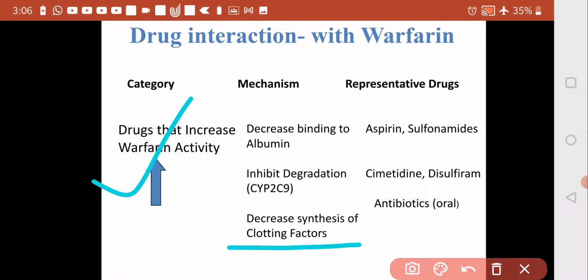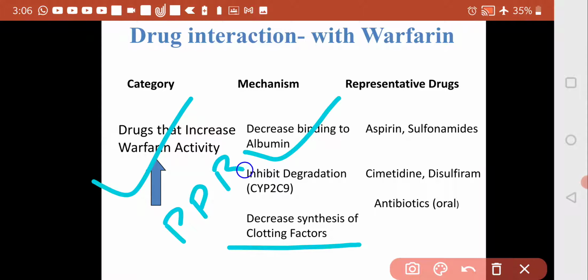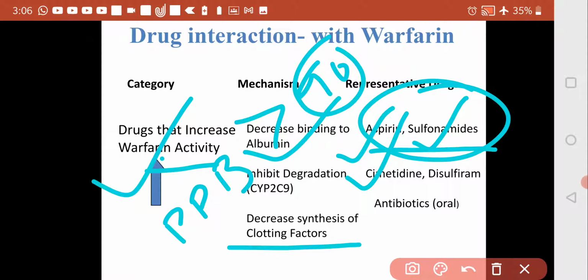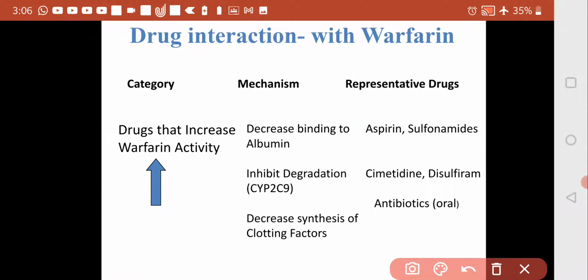Also, we already know about plasma protein binding. Warfarin is greater than 90% bound. So if we add a drug like aspirin or sulfonamide, which has more affinity for plasma protein, it displaces the warfarin.